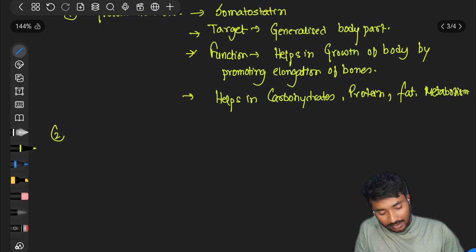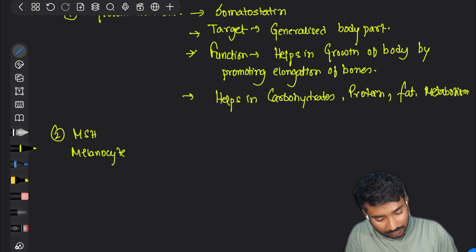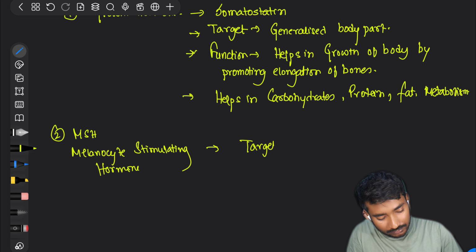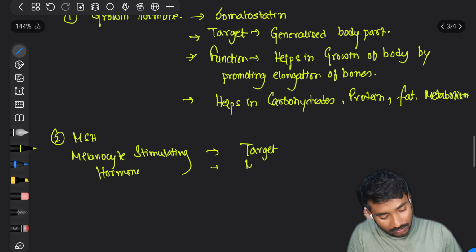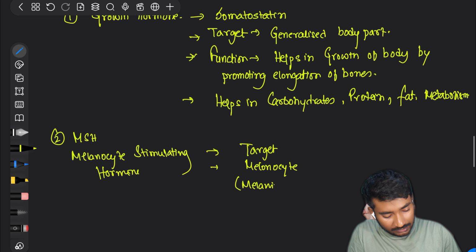Okay, next is melanocyte stimulating hormone. Melanocyte stimulating hormone targets melanocytes, that is the melanin containing cells.